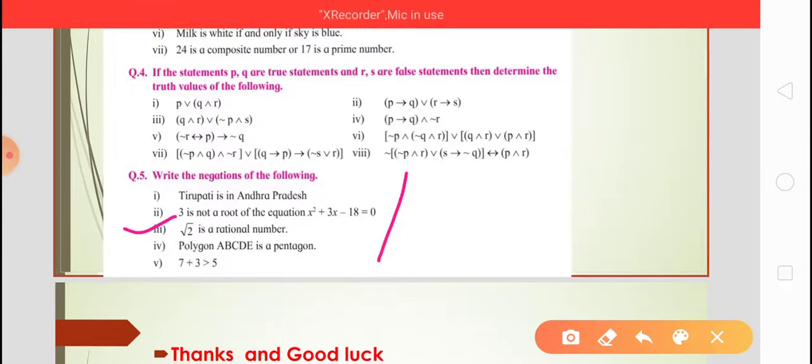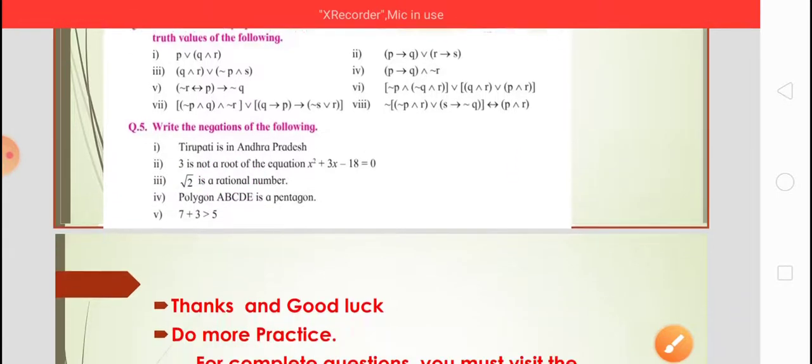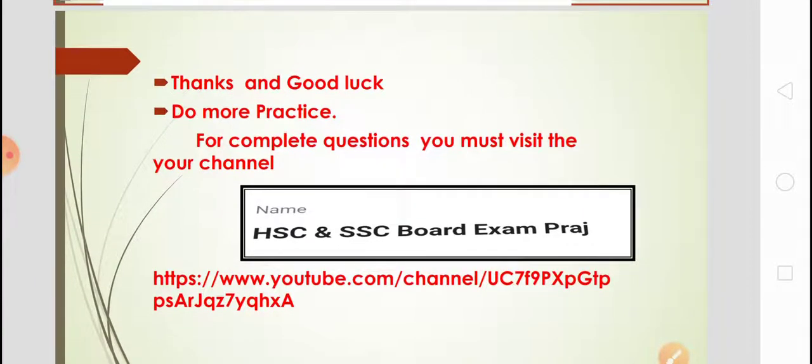Also, another method to write the negation of the given statement is to write the opposite word of the given word. How? Root 2 is a rational number, and the negation is root 2 is an irrational number, just writing the opposite word of rational, that is irrational. Or the simple method is just put not.